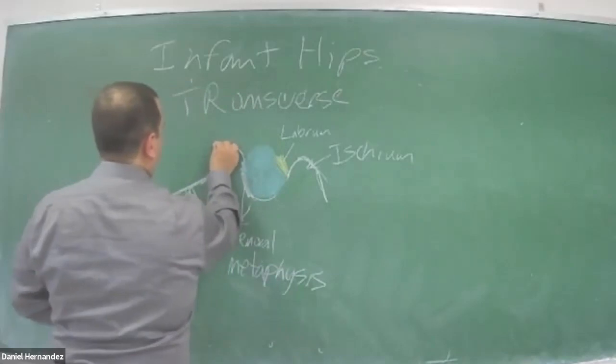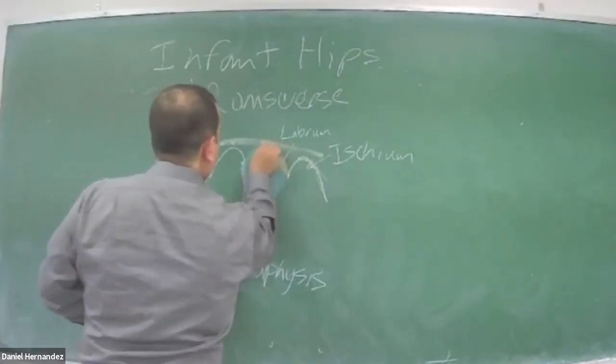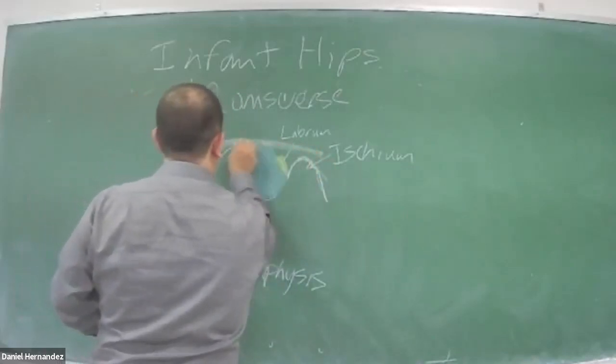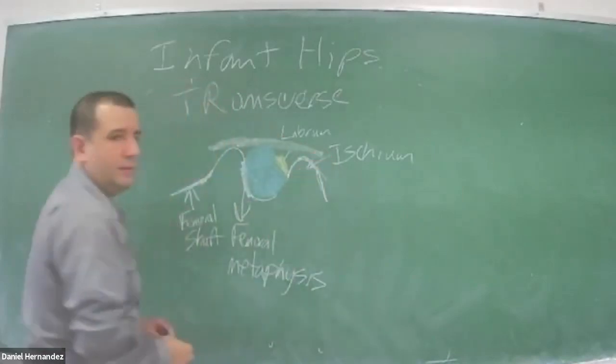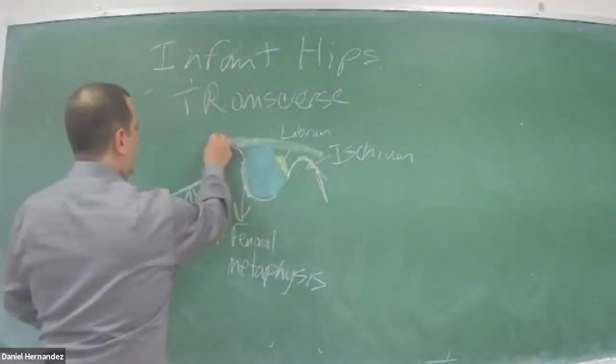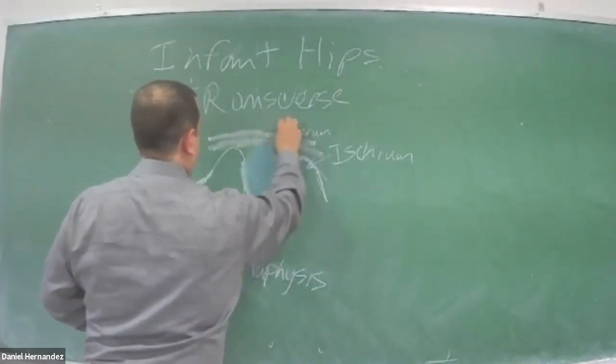And then overlying structures are going to be our gluteus muscles. So you'll see layers of your gluteus muscles.